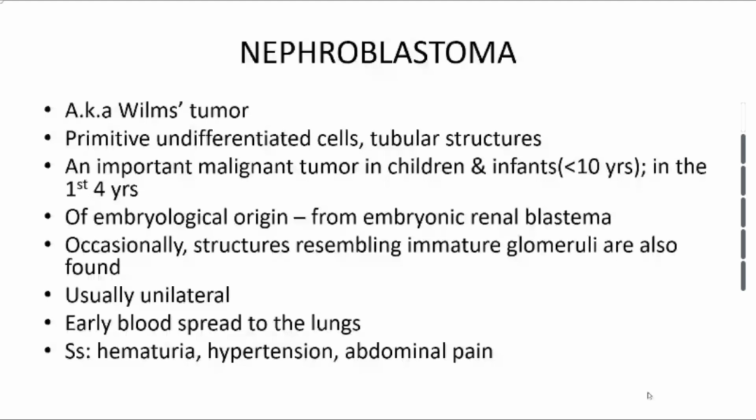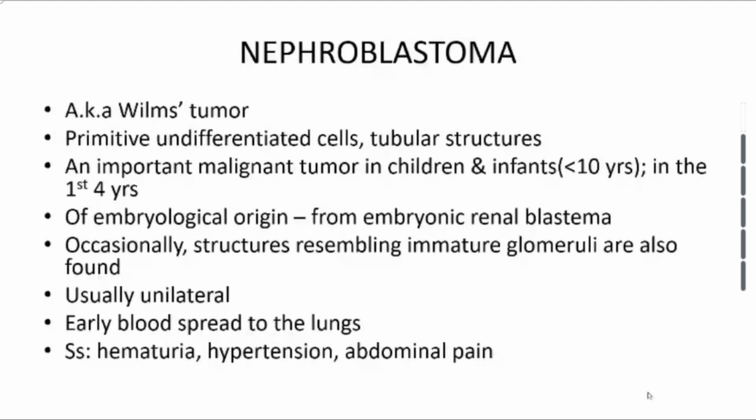And then we look at tumors. There are many tumors that can affect the kidney, and one of the very common ones is called nephroblastoma, also known as Wilms tumor. So you'll see them calling them Wilms tumor. It's the same thing, nephroblastoma. If you look under the microscope, mostly in such a tumor, there will be primitive and differentiated cells. They will not look like the kidney cells.